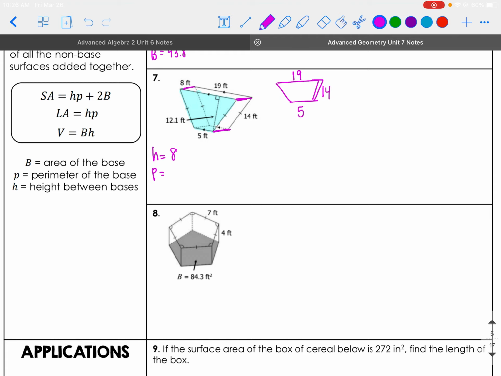So we have 19, 5, and these are both 14. So perimeter, if I add up all 4 of those sides, I get 52. And the area of the base, so the area of the trapezoid, is half times 12.1 times 19 plus 5. Which is 145.2.